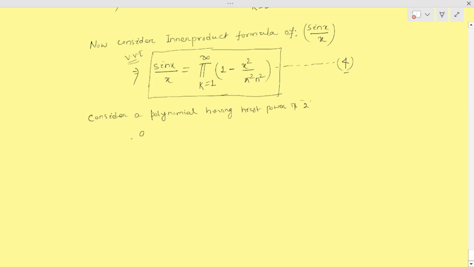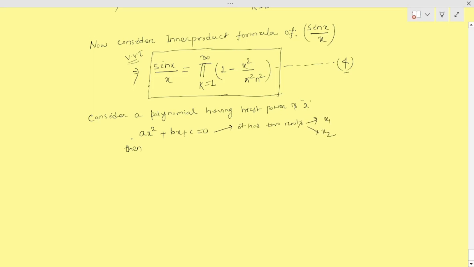That means in general, a polynomial ax square plus bx plus c equal to 0, having highest power 2, then this polynomial can be written as, how many roots can we get for this polynomial? So it has 2 roots.